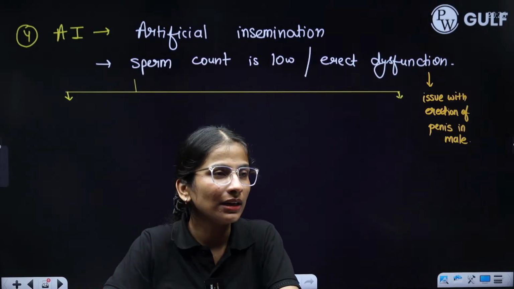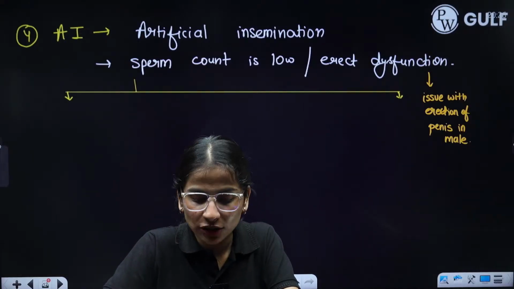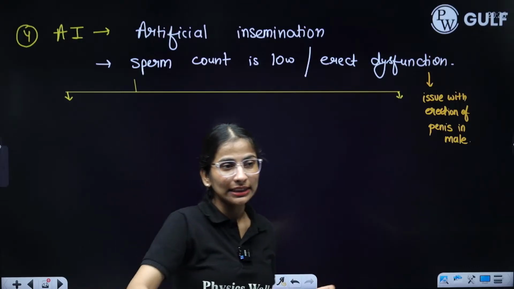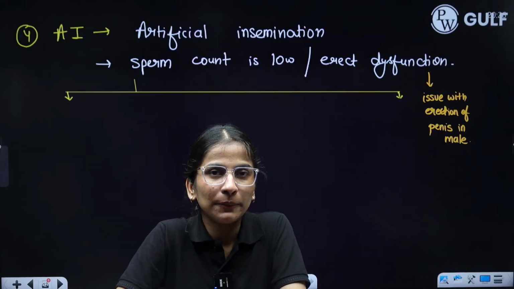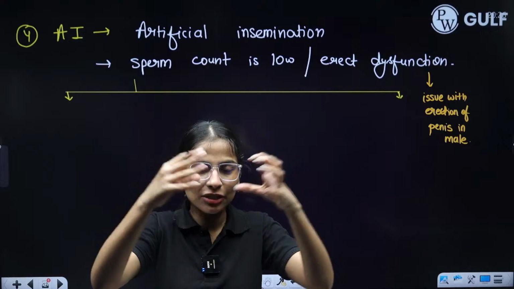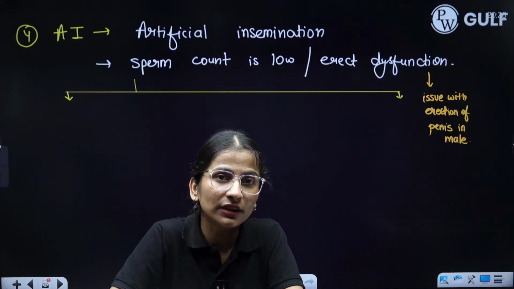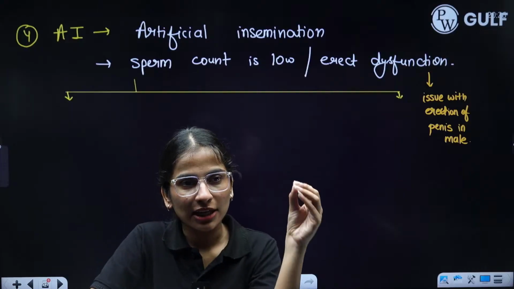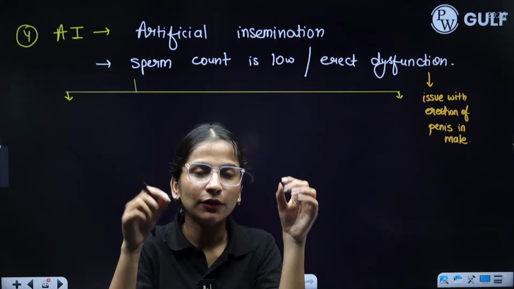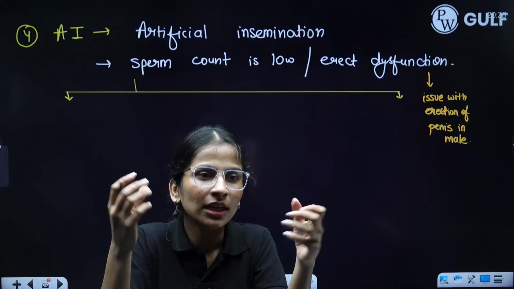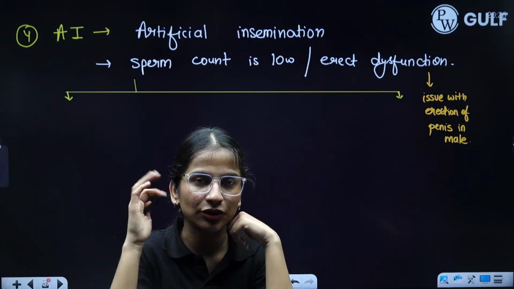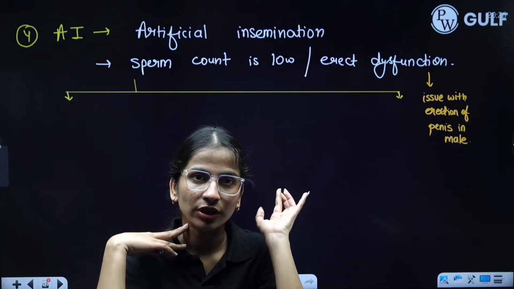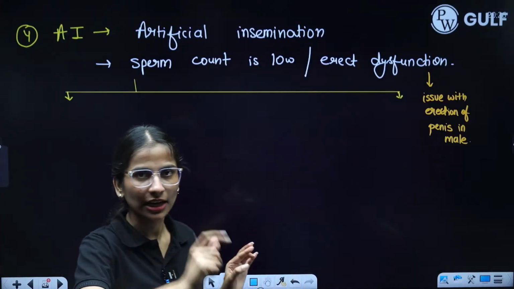I hope all of you remember that we had spongy tissues in the penis, and those spongy tissues make sure that upon sexual arousal, they trap a lot of blood inside the penis, and because of that the penis gets erected. Obviously it has to enter the vaginal opening, the female's reproductive tract, so to enter it has to be an erectile structure. If it is not erect, it cannot enter the female's reproductive tract at all. So for that it has to be erected.